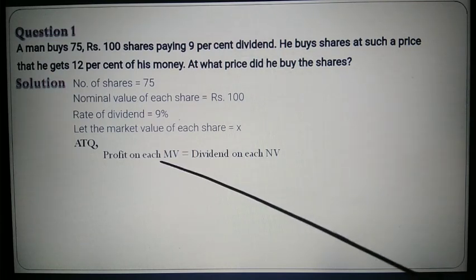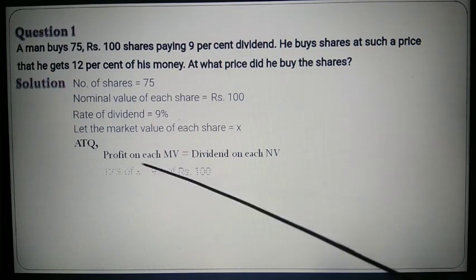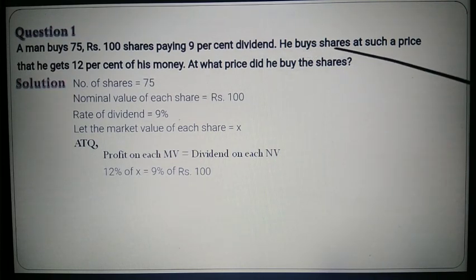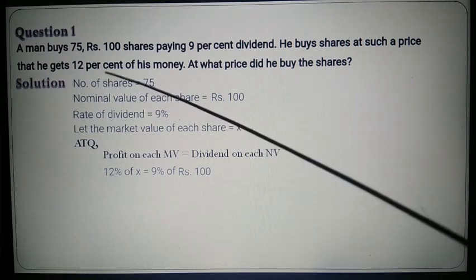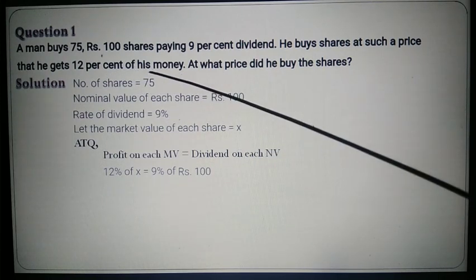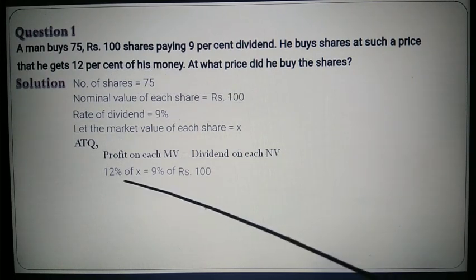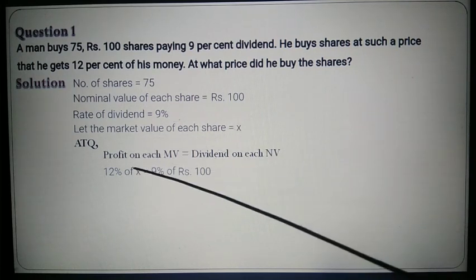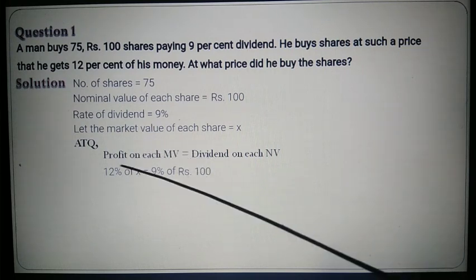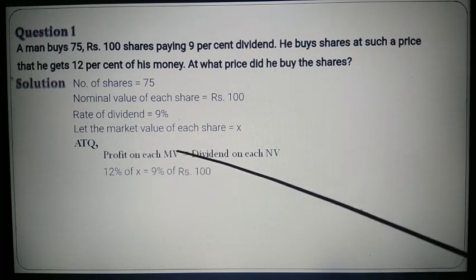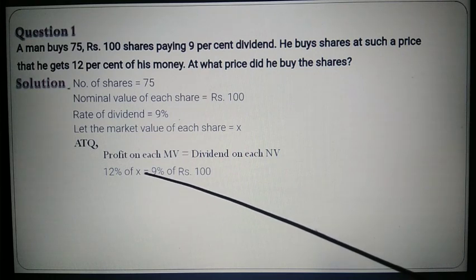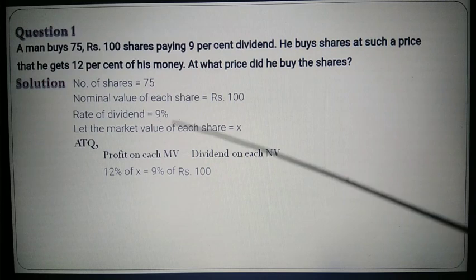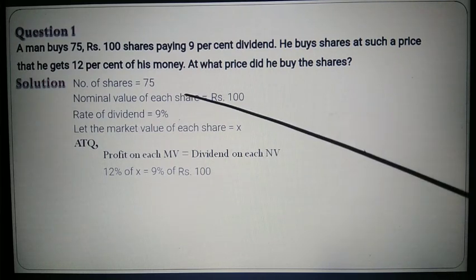Profit on market value is 12%, because he buys shares at a price such that he gets 12% of his money. So 12% of his money is the profit, and the money is rupees X. So 12% of X gives the profit on market value, equals the dividend. The dividend is 9%, and dividend is calculated on nominal value.